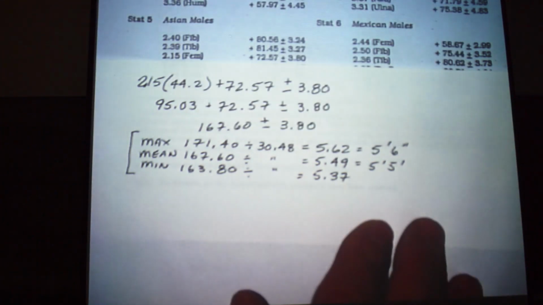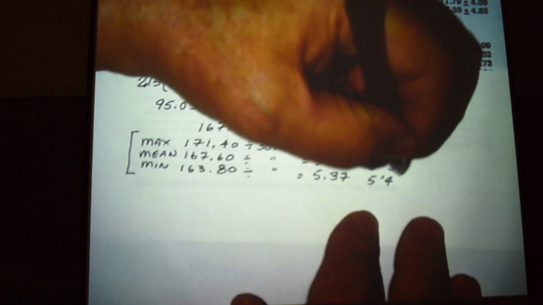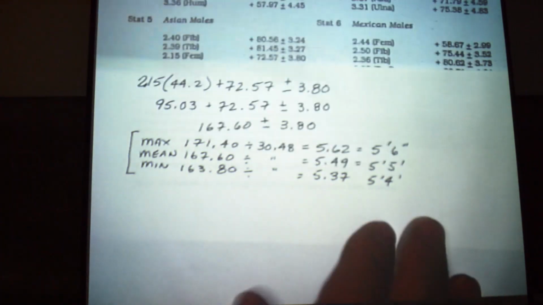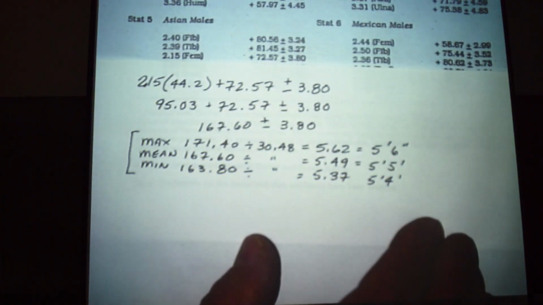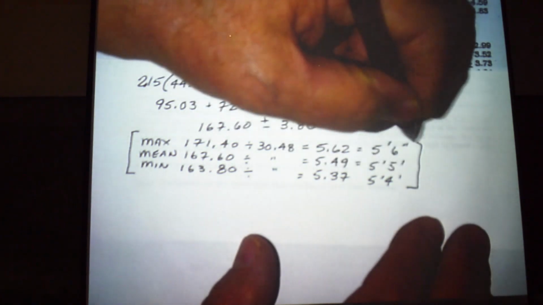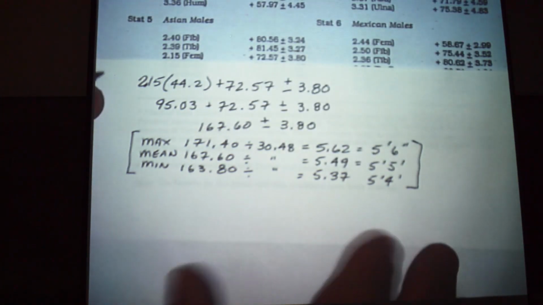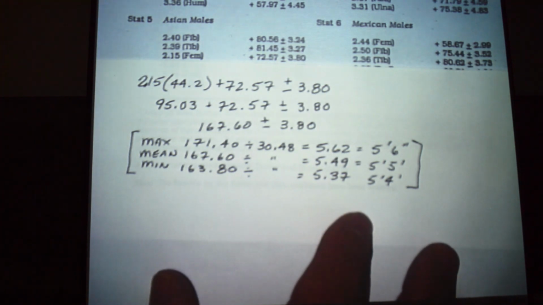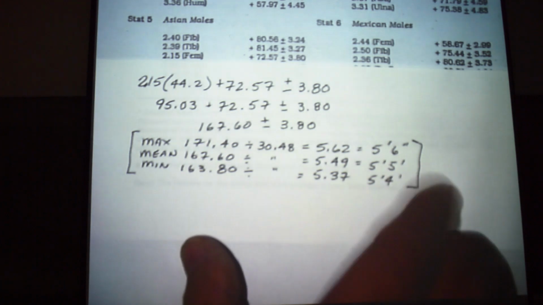We're going to say this is 5 foot, rounding up, 5 foot 5 inches. And rounding up again, this is 5 foot 4 inches. Those actually work out pretty close to the base 12 numbers. And again, there's your bracket for the final. So now you've estimated the stature of this Asian male to be between 5'4" and 5'6".